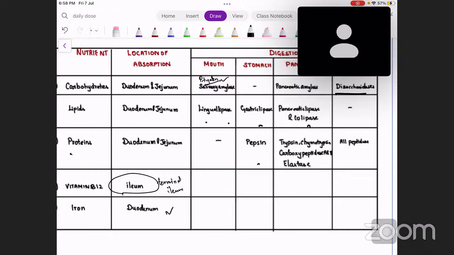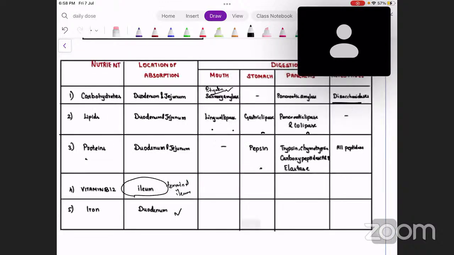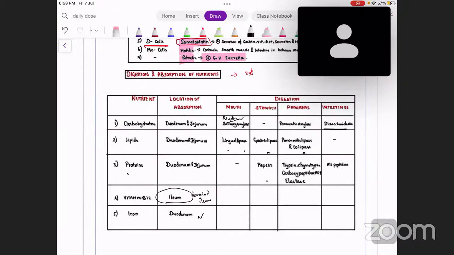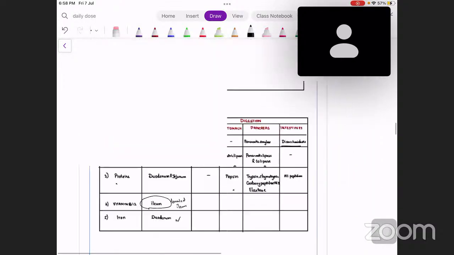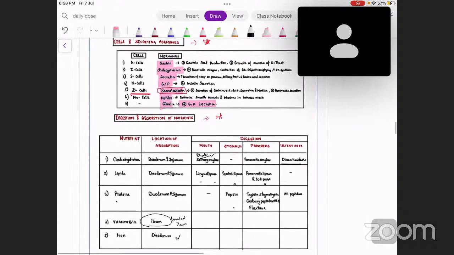Iron, it is the duodenum. Now, these are the areas you have to remember in case of digestion and absorption of nutrients, and you have to remember the cells and the secreting hormones. You have to remember these two tables till the end of your FMGE examination. There are certain things where you open the page right before, in the car, and you read something that will come in the exam.